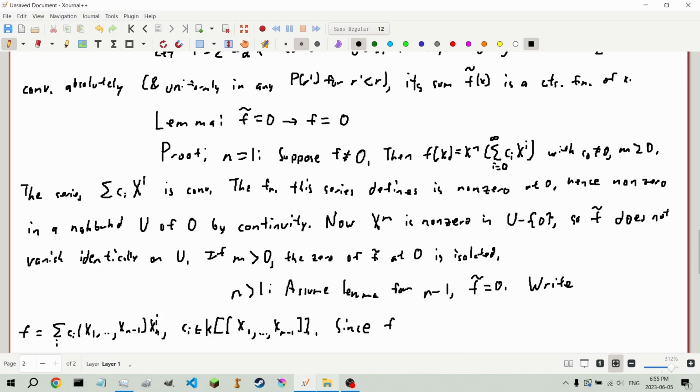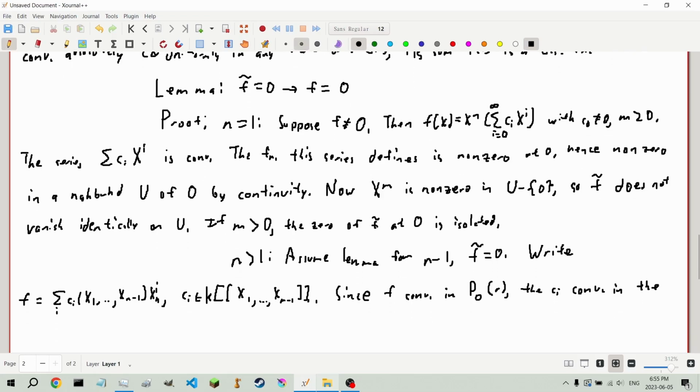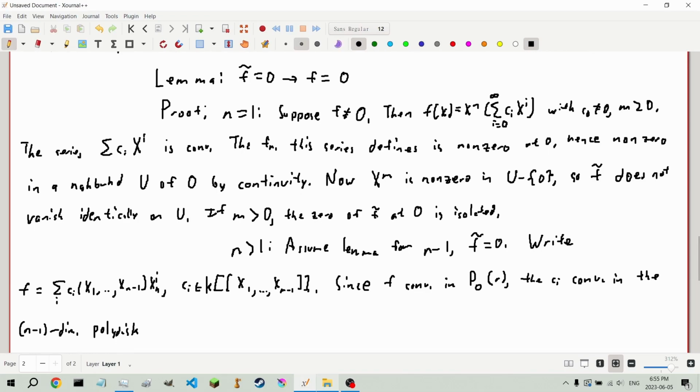Since f is convergent in the strict polydisk of radius r, the c_i are convergent in the n-1 dimensional polydisk with radius s, where s is r1 through r_{n-1}.